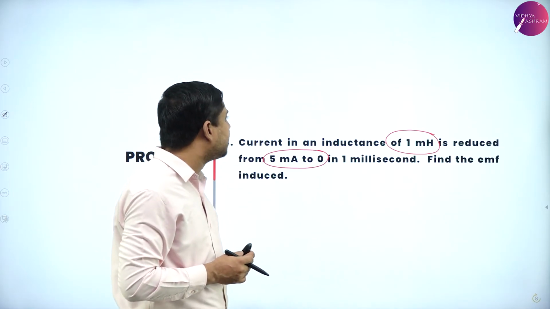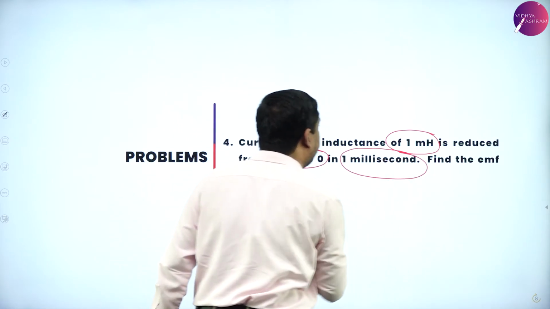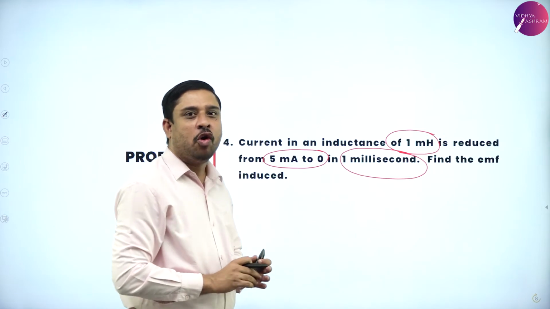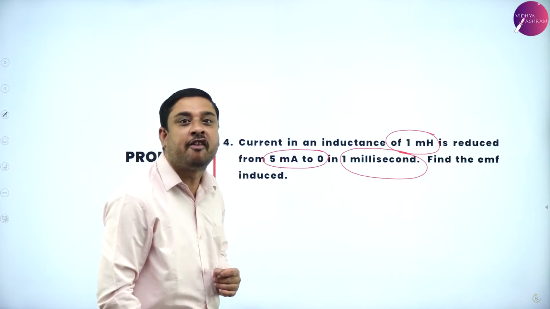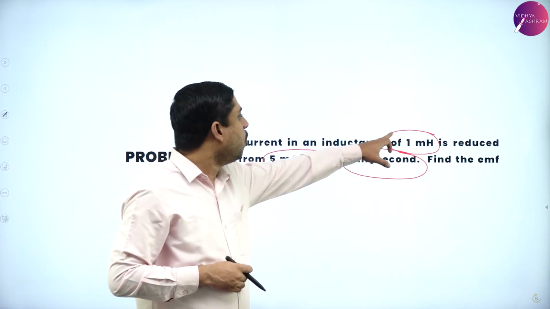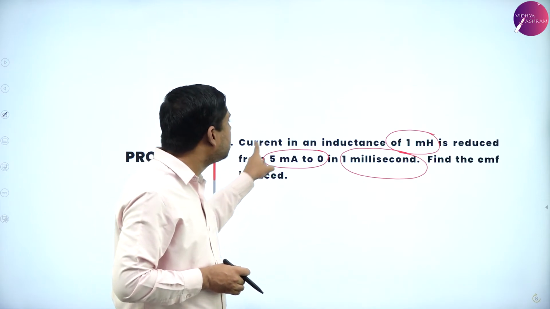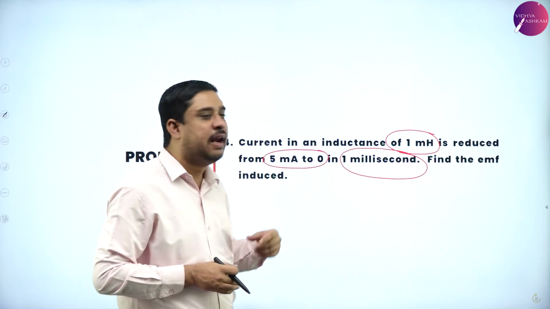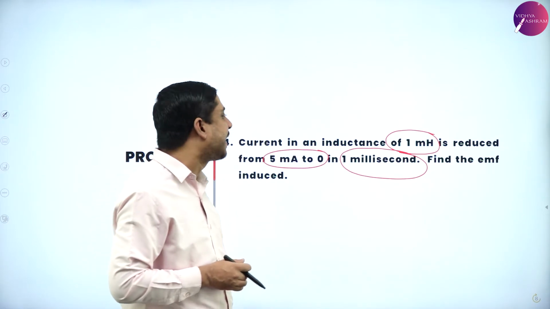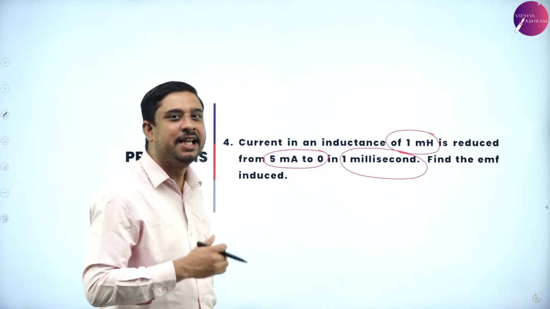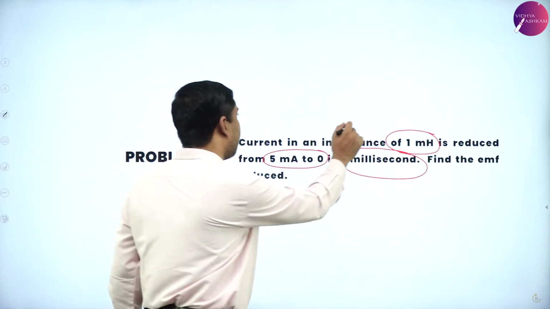Final current is 0 in 1 millisecond. So inductance is also in terms of milli, 1 millihenry, and the time interval is also 1 millisecond. Again, find the EMF induced.